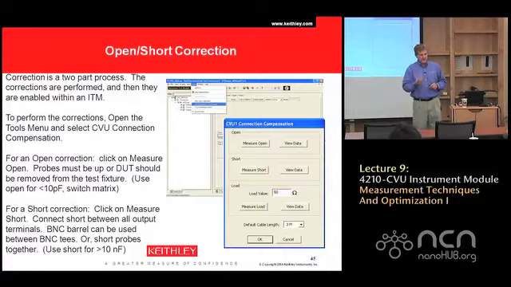We calibrate every frequency in every range. And it allows us to do 100% frequency and range open and short correction. So for every frequency and every range in the Keithley, when you click measure open or measure short, it does every frequency and every range, and it creates a table for that.